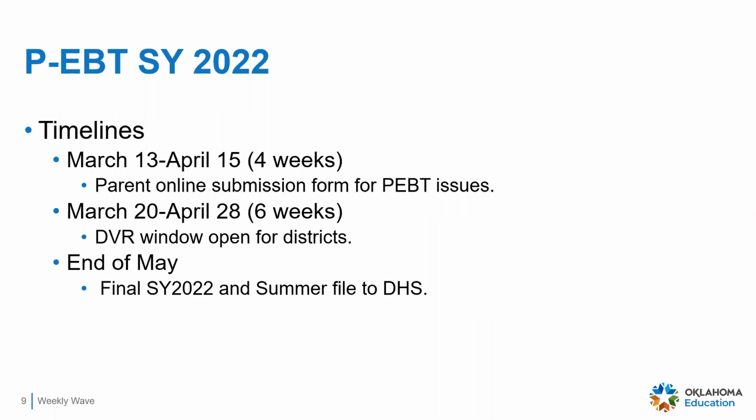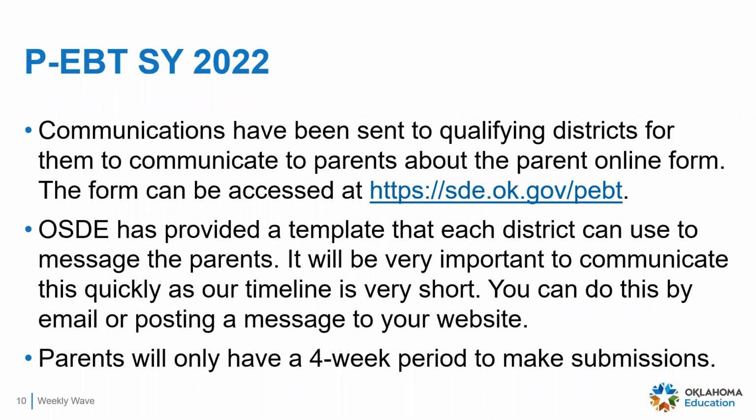And then the end of May is the final for school year 2022 and this summer. The file's going to go to DHS. So make sure that you're communicating to your parents.